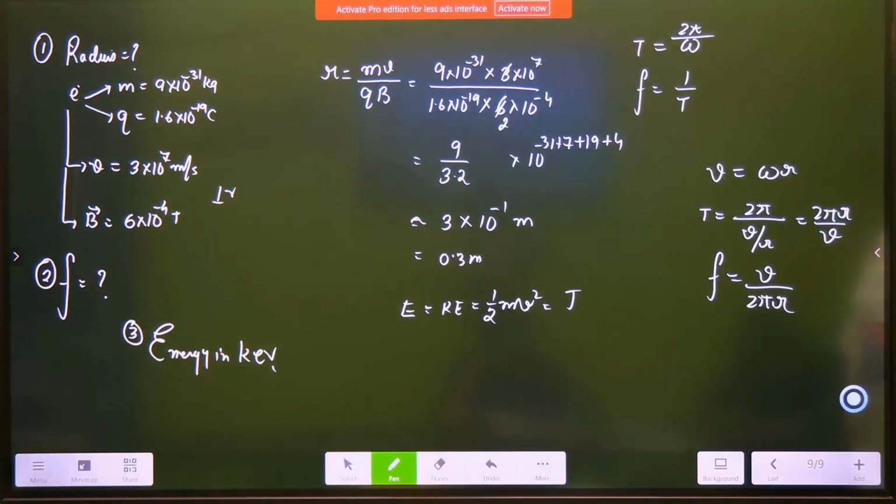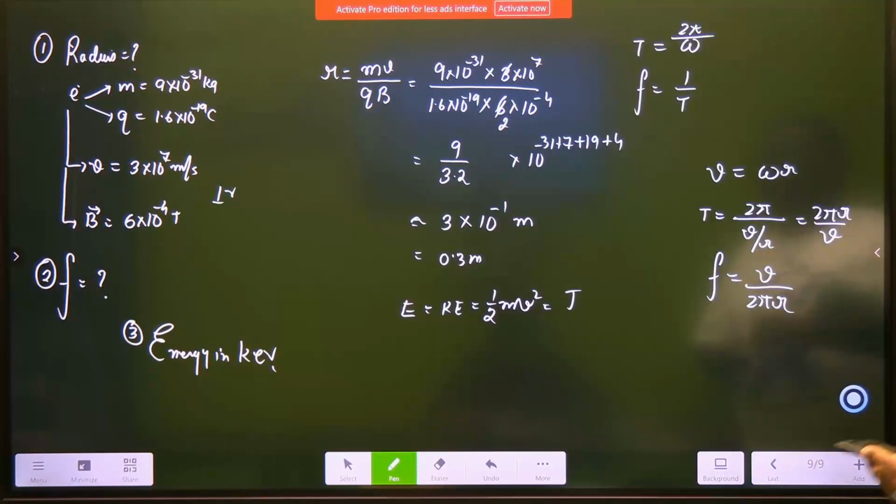First find out frequency. Let's match frequency data. How much is frequency? V is how much? 3 into 10 to the power 7 divided by 2 pi into R. What value of R did we get? The book got it as 0.28, so I'm taking 0.28 itself. That gives 1.70 or 1.71 into 10 to the power 7.